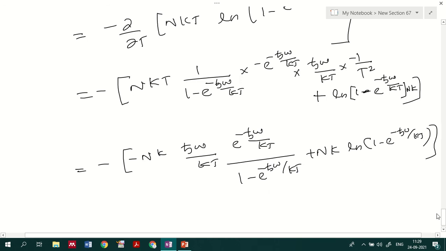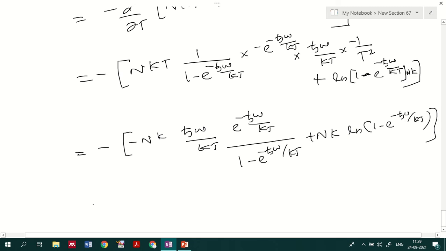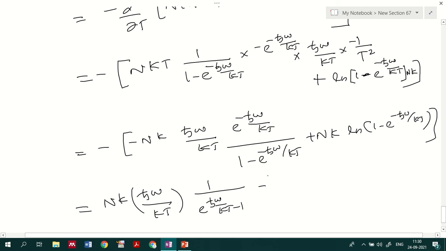And then if you further reduce this one, you will get Nk ħω divided by kT, 1 by e^(ħω/kT) minus 1, minus Nk ln(1 − e^(−ħω/kT)).